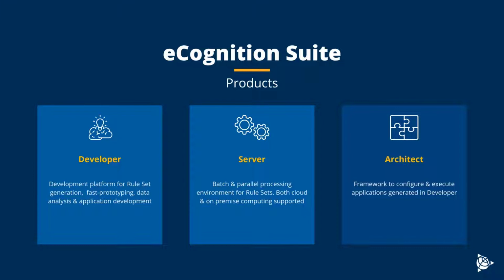And finally, we have eCognition Architect. This allows you to put a graphical user interface around that rule set and put the power of eCognition into the hands of maybe the non-developer, someone who should be executing and creating results, but not bogged down with actually developing the automated workflows.